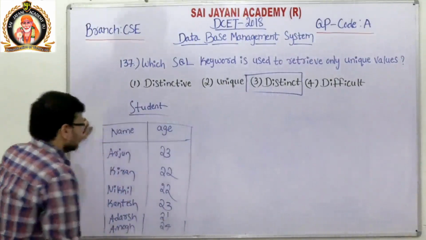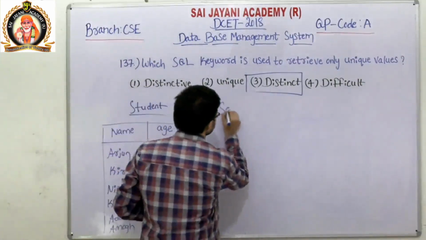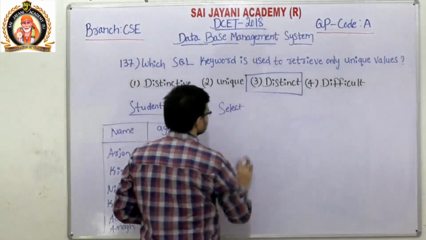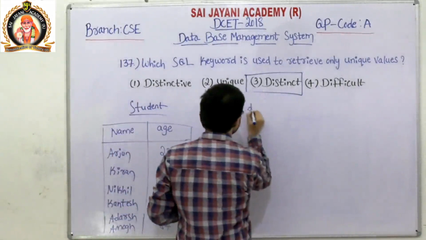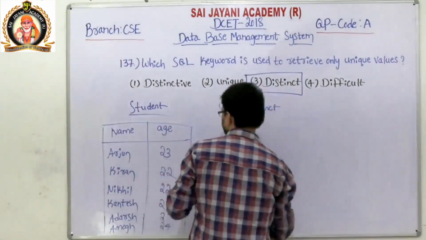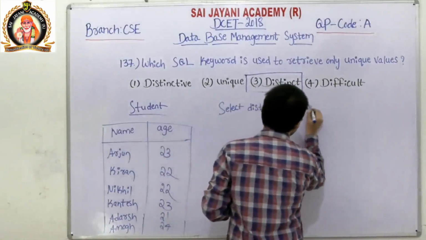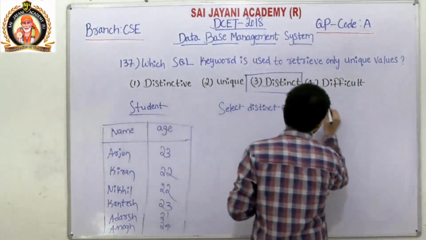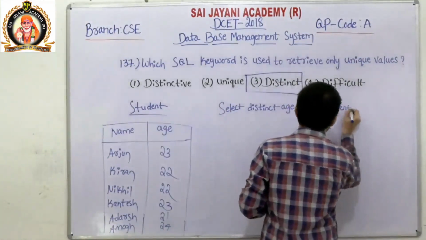We constructed one table. Then we write one query: select distinct age from the table student.